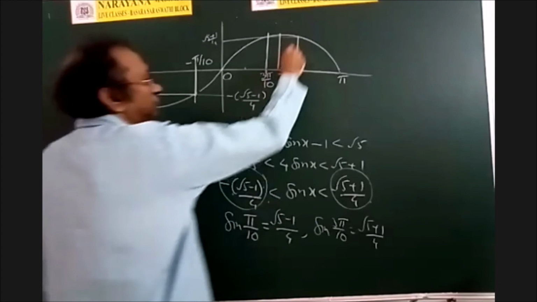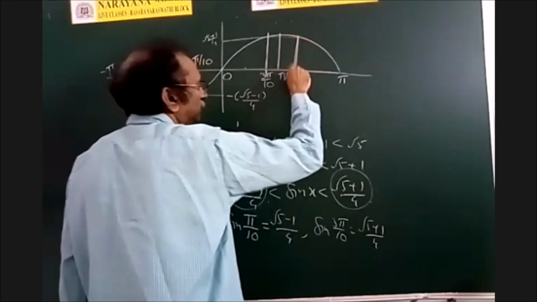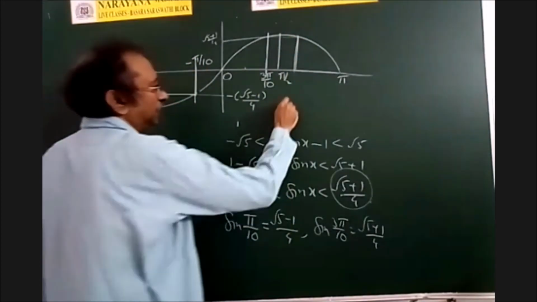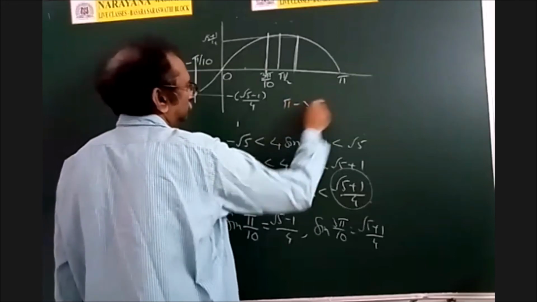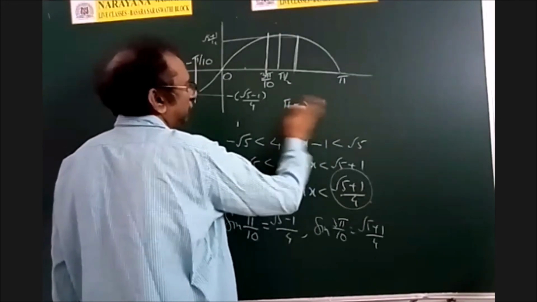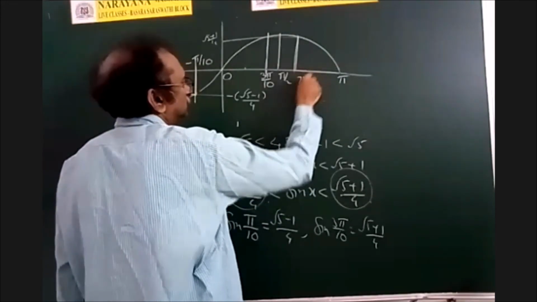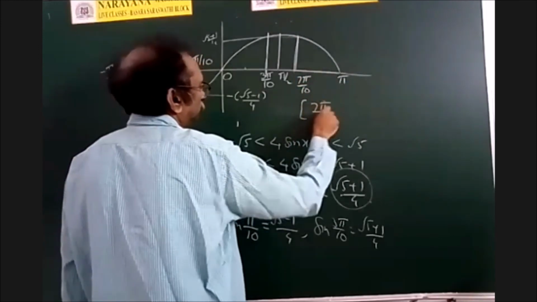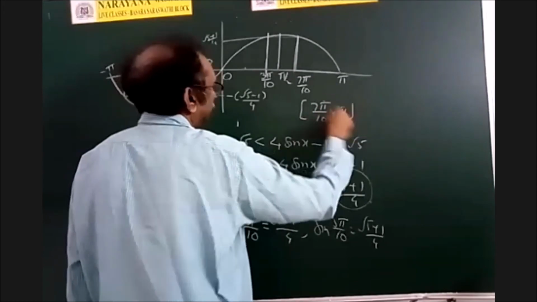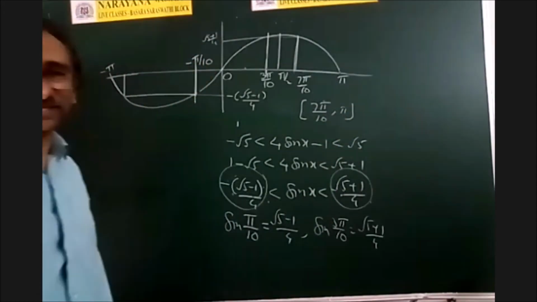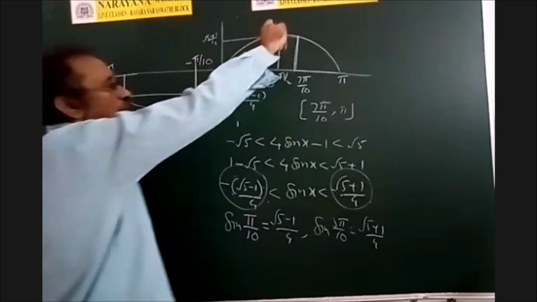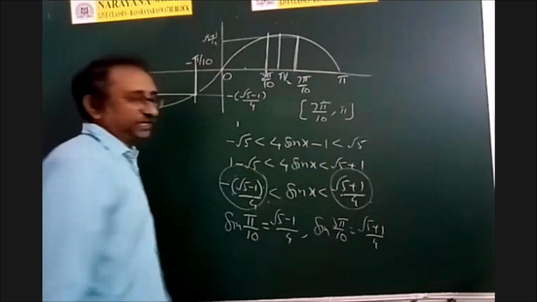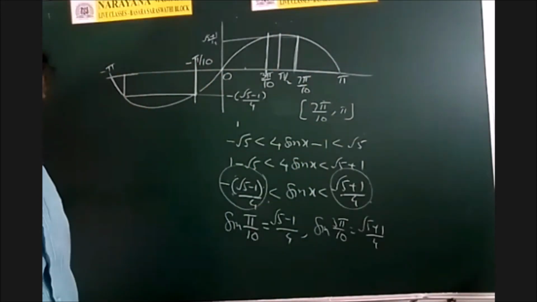So what is this number? Sin of pi minus 3 pi by 10, that is 7 pi by 10. So if you consider 7 pi by 10 to pi, you will get the same values, and all these values lie in between those two numbers only.